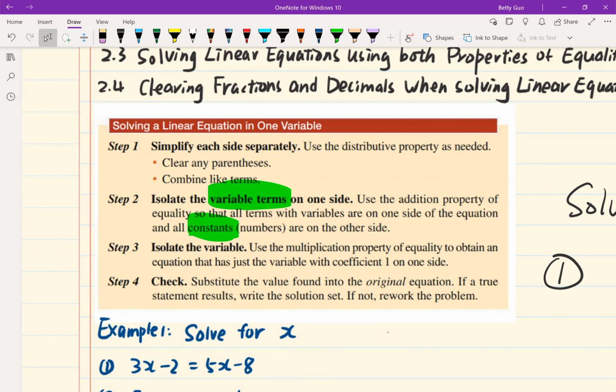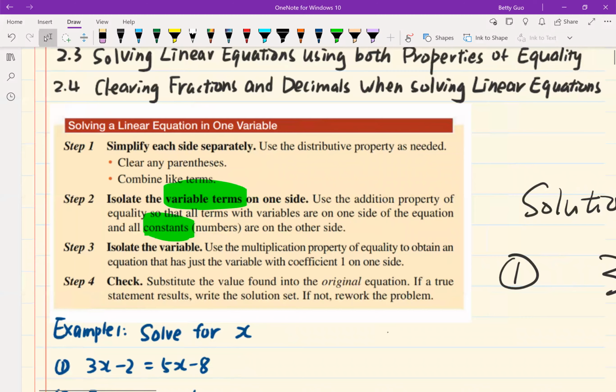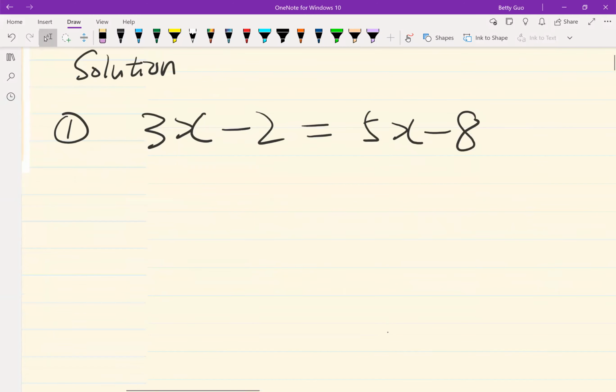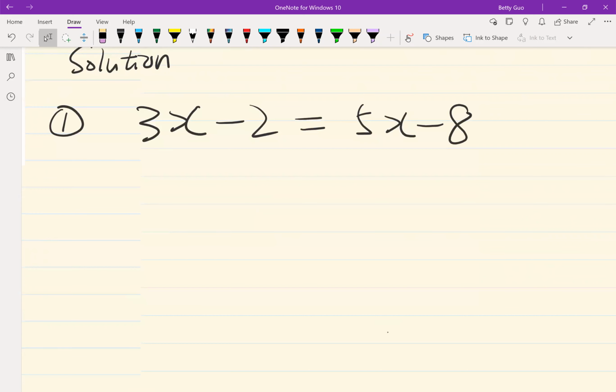Let's see how we apply the guideline to solve a linear equation in one variable. This problem: 3x minus 2 equals 5x minus 8. Equation, one variable, linear, right? So what's the first step that I showed you earlier?